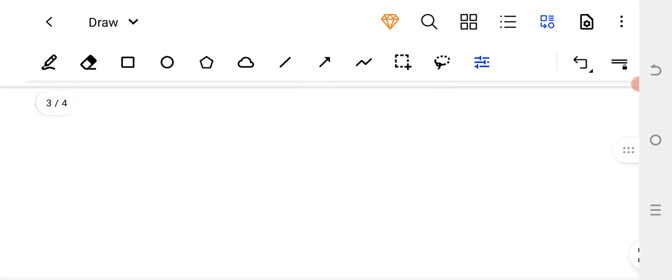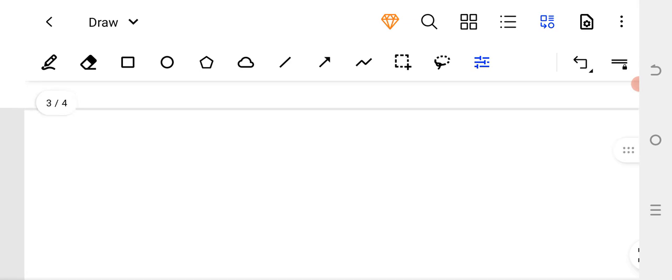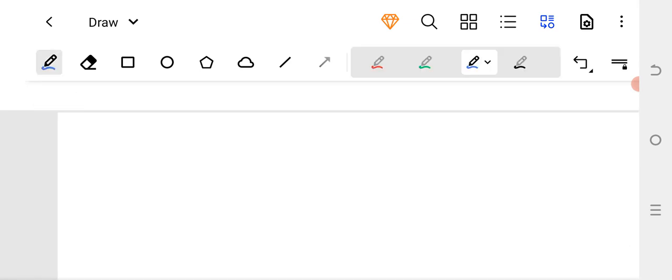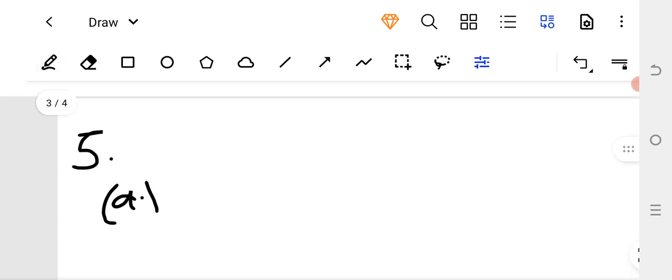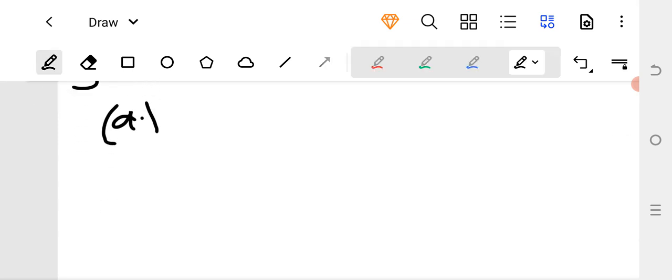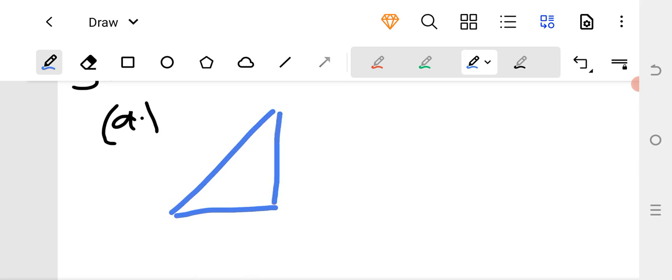So it means we have extracted a particular triangle that we can work with, which has, so this is 5a. Okay, let us say question 5, and then we'll say a. We have extracted something that we can work with right here, where we have the hypotenuse like that, like that, and like that.